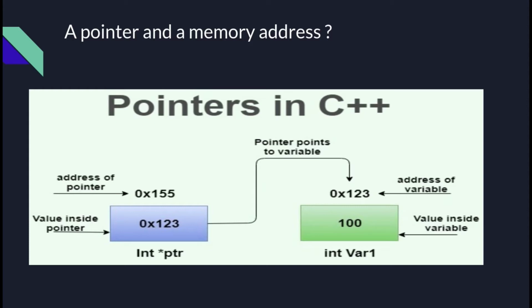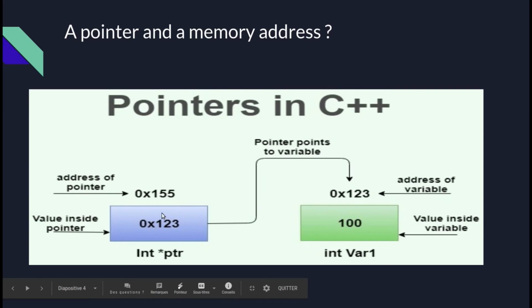Now, 100 we can access directly, but using pointers you have to use some operators. For example, to get the address, we use the ampersand operator to get the address.